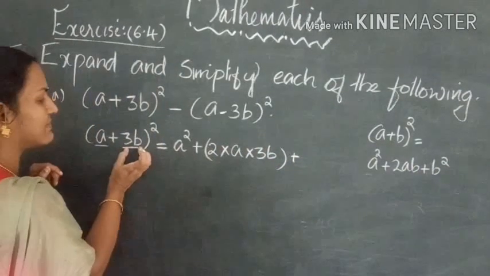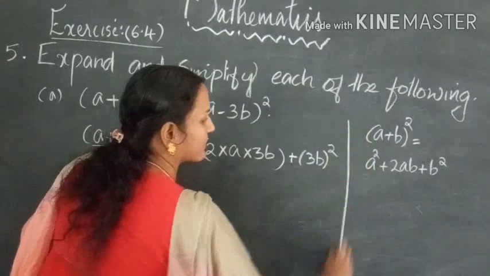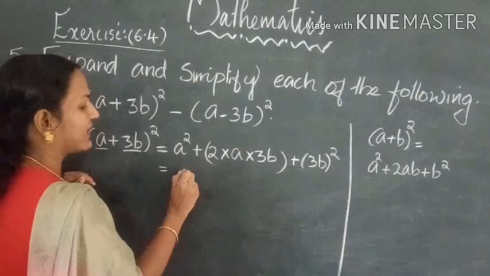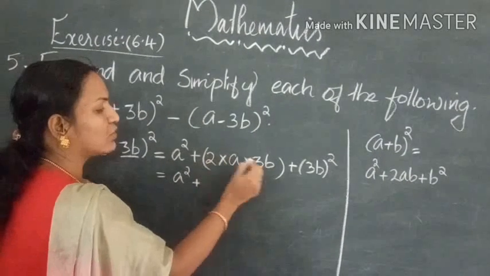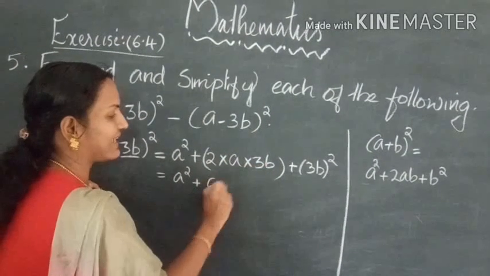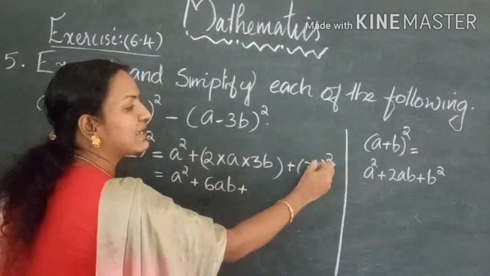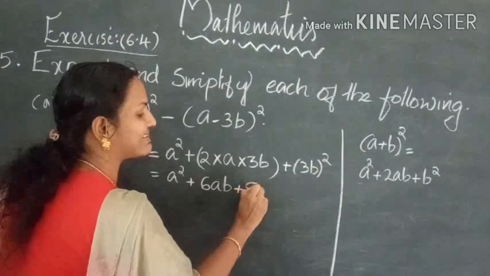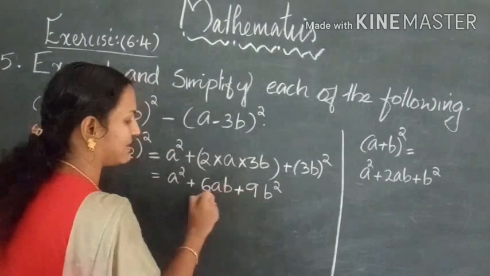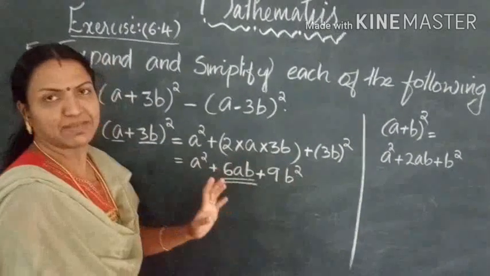The last term, (3b) the whole square, is 3 square b square. Multiplying the numbers 2 into 3, 6, so 6ab. 3 square is 9, so 9b square. So (a + 3b) the whole square is a square plus 6ab plus 9b square.